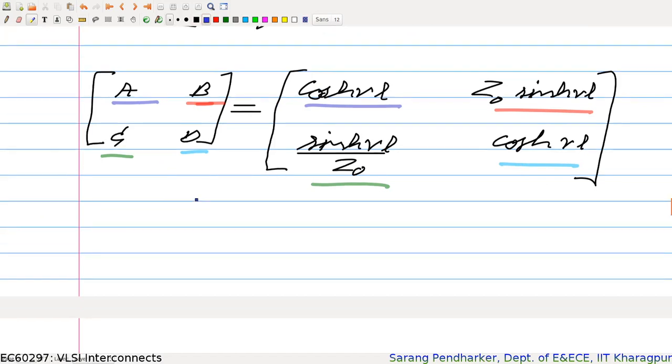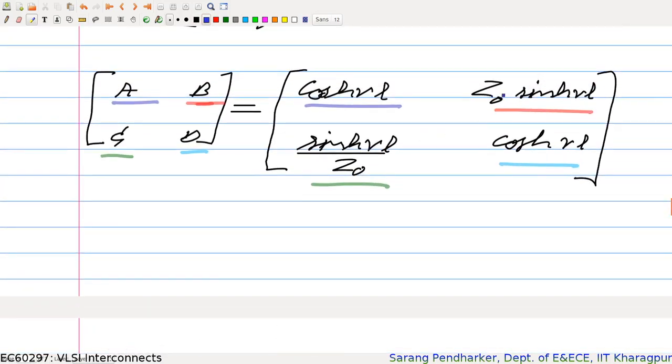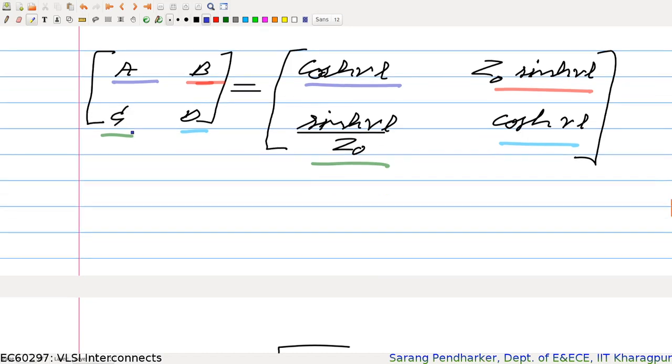From here you can get Z0: if I want Z0, I would do B by C. I have just changed the notation of the C of the ABCD parameter to differentiate it from the C of the interconnect capacitance.